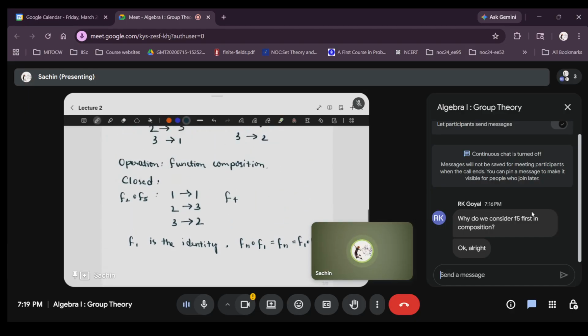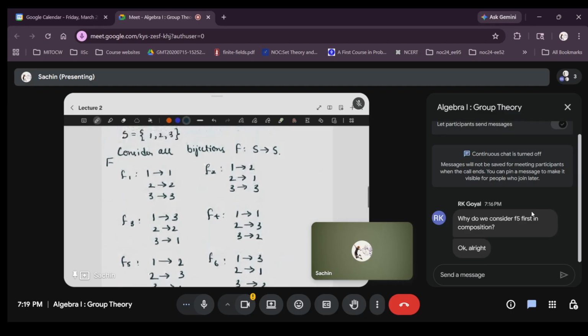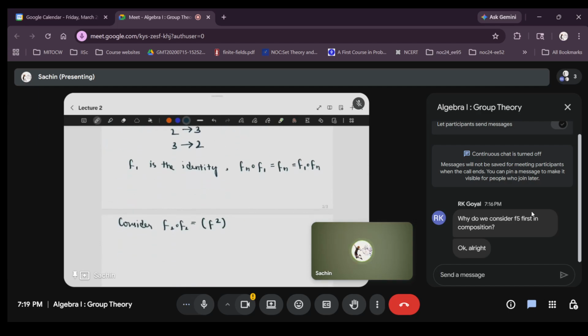If we do this, what will you get? F2 swaps 1 and 2 and fixes 3. Now, if you apply F2 again, then you are swapping back 2 to 1 and 1 to 2, and you're still fixing 3. So if you apply F2 twice to any element, then you get back the same element. So F2 square is nothing but F1.